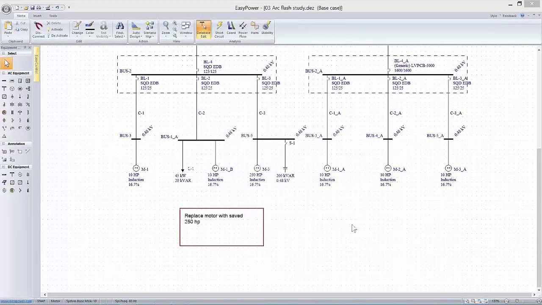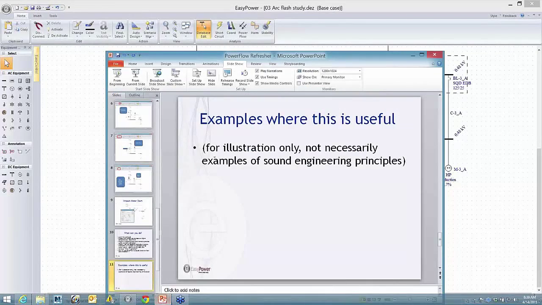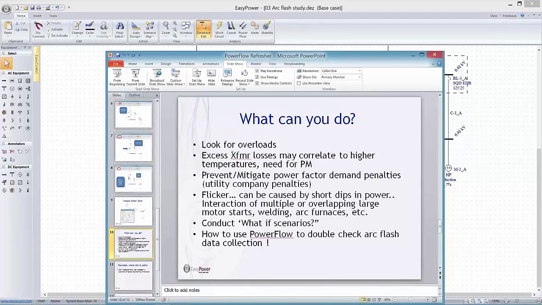Okay, I think that covers what we were intending to talk about. Again, if we see excess losses across a transformer, we'd want to verify the temperature reading and schedule PM. We looked at replacing motors, adding extra loads, and what system elements could be limited as far as their rating.